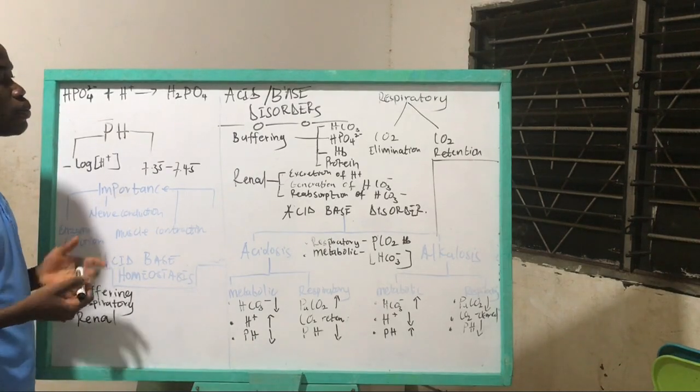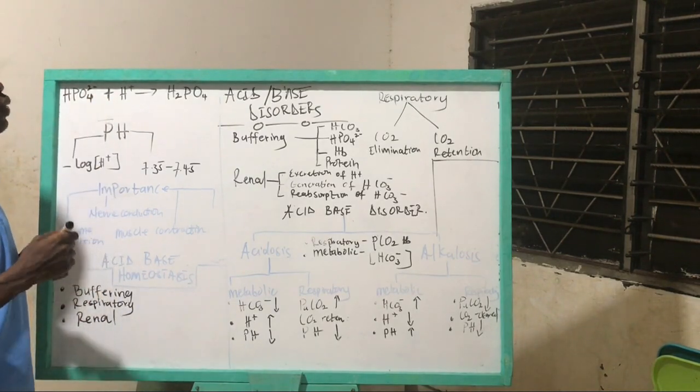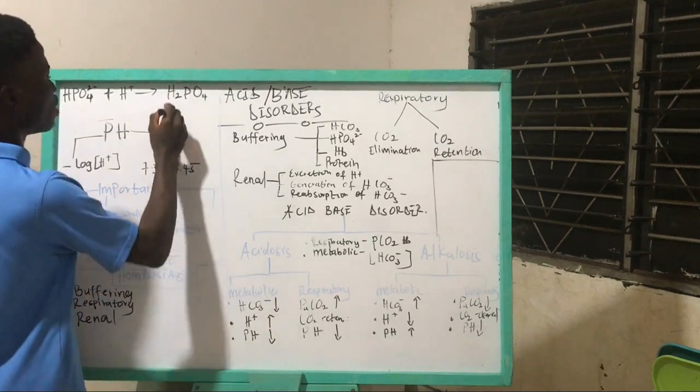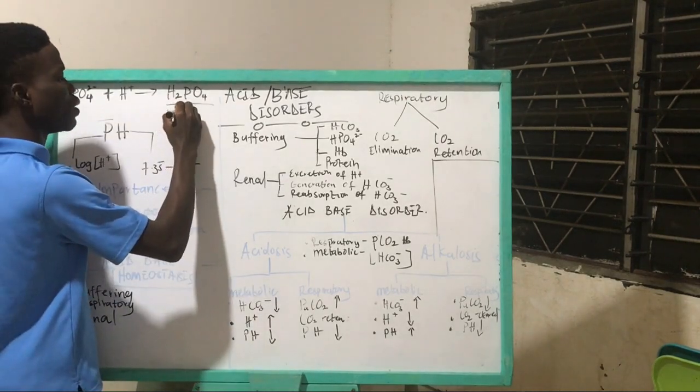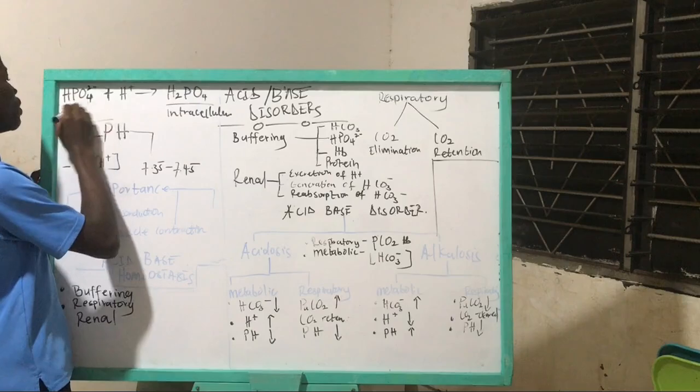When there is hydrogen influx within the intracellular fluid, what you have to take note of is that this one is found in the intracellular compartment.